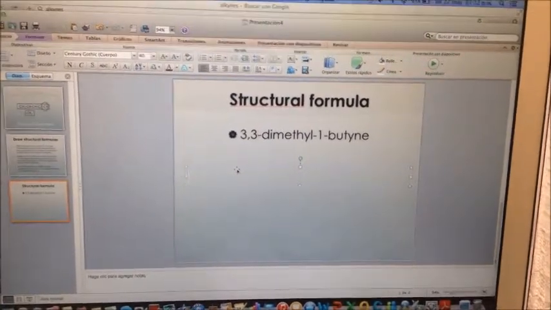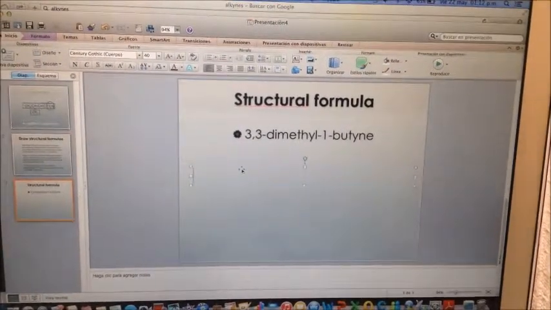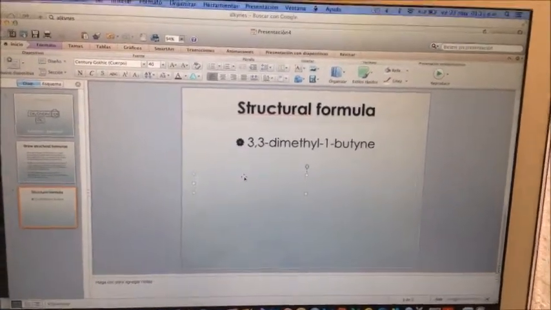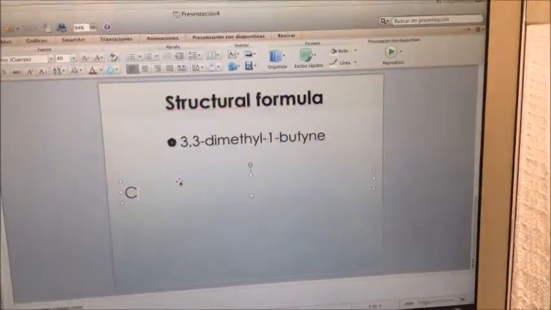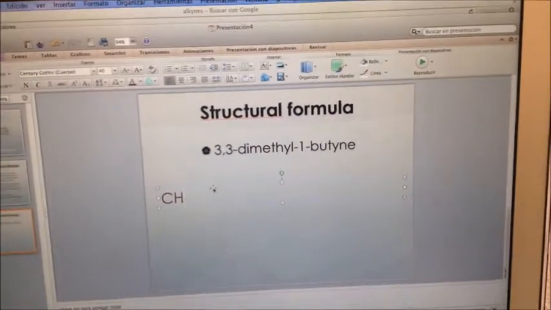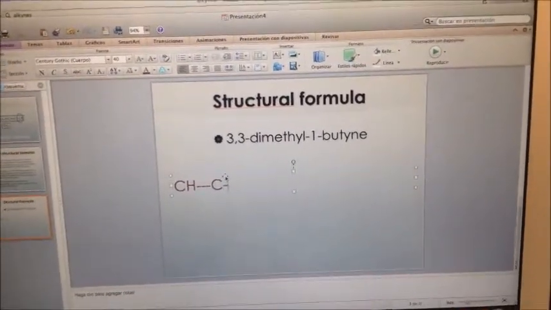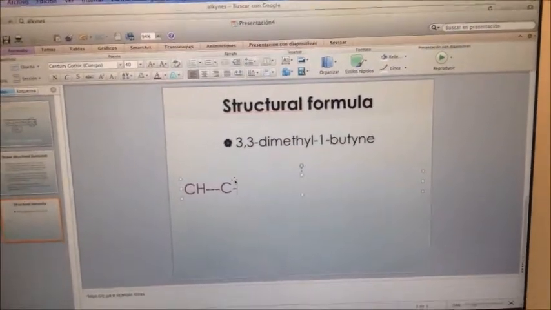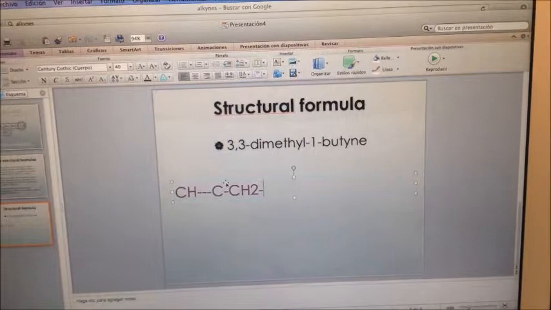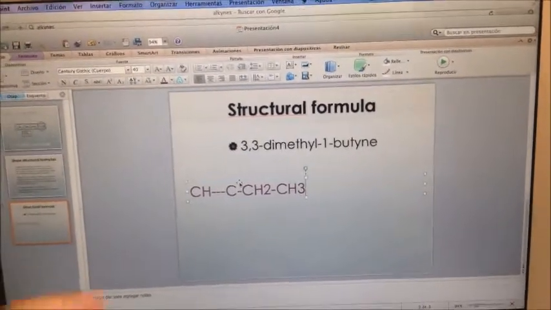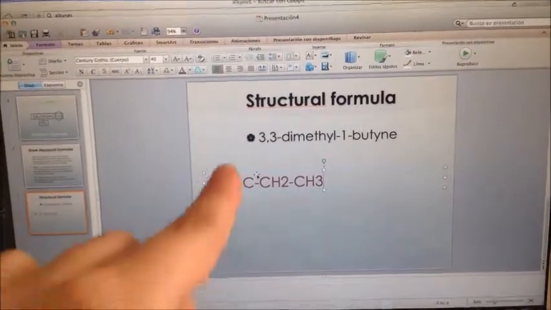As but is of 4 carbons, we will write 4 carbons and the double bond in the first place. So it was CH2, double bond, then CH, then bond, then CH2, bond, CH3. As we said, 1, 2, 3, 4, the double bond in the first place.